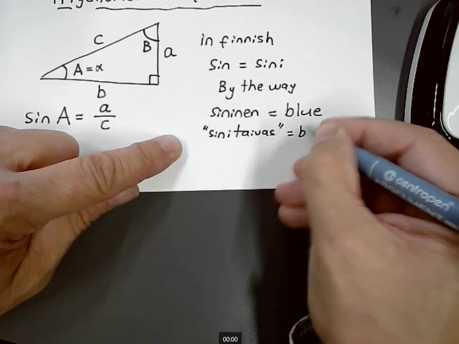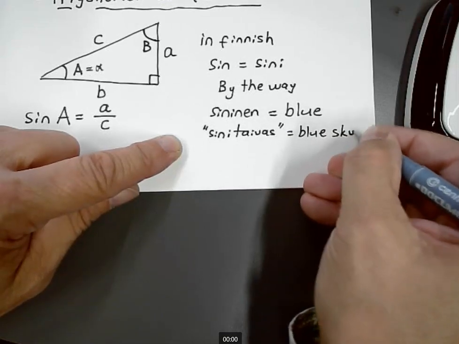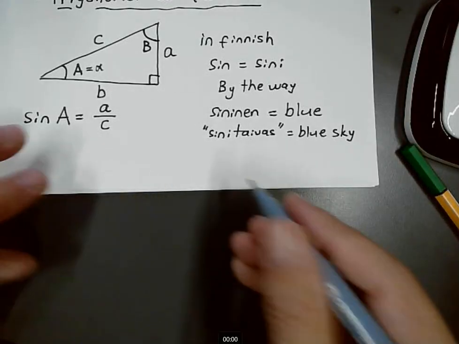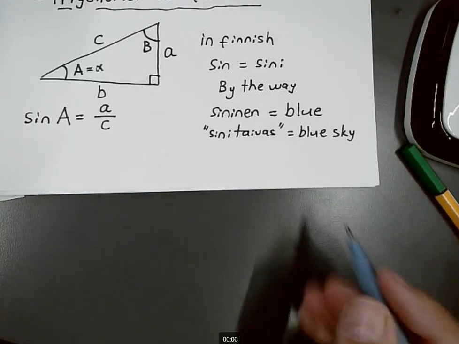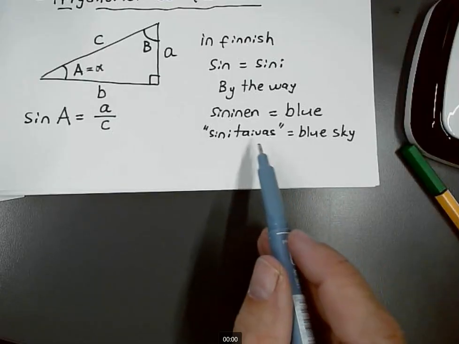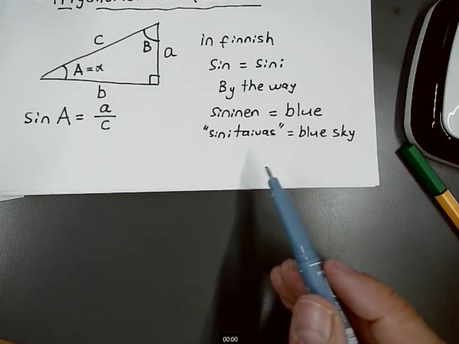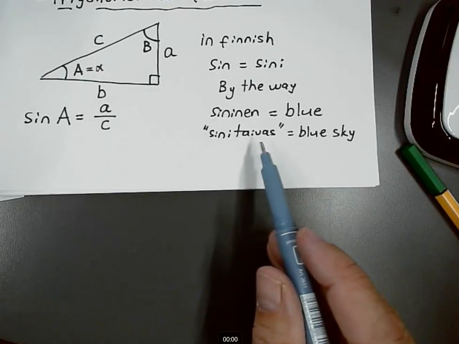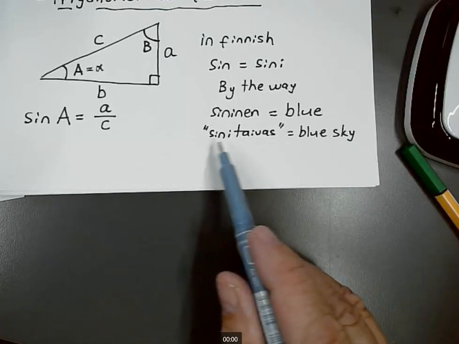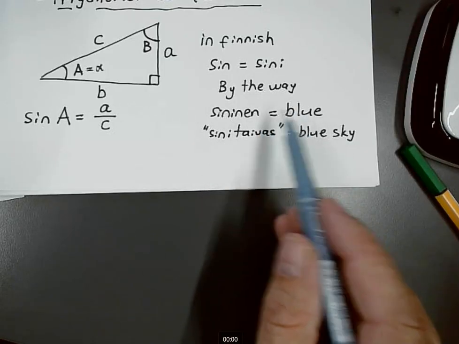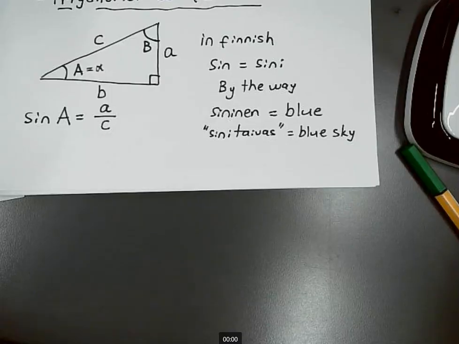This is blue sky. Taivas is sky, or it also means heaven in a religious sense. Sini is a shortened form of this sininen color word.